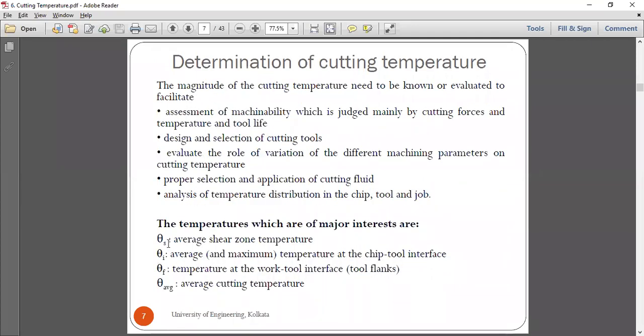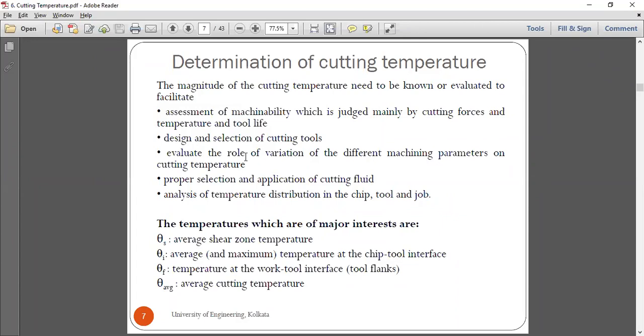Next is the determination of cutting temperature. Why do we require to know the magnitude of the cutting temperature? To know whether the workpiece that we are trying to machine is machinable or not.